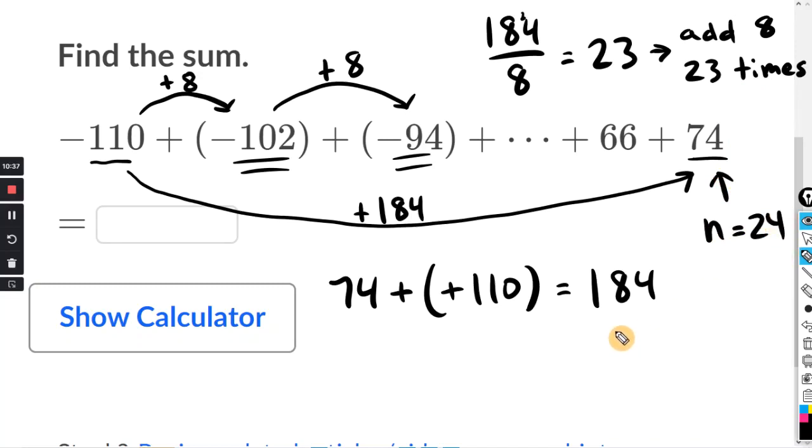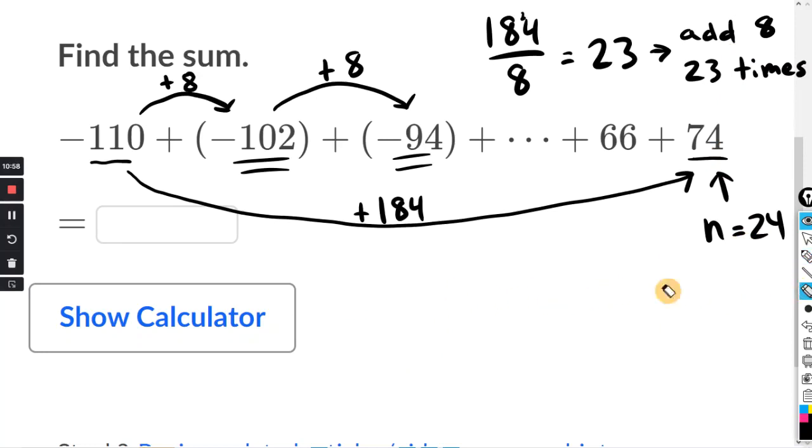All right. So in other words, there are 24 terms in this series. That 23 is just the number of jumps, the number of times we added 8. So you add 1 to that to find the number of terms, and n is 24. All right, and now we're in business.